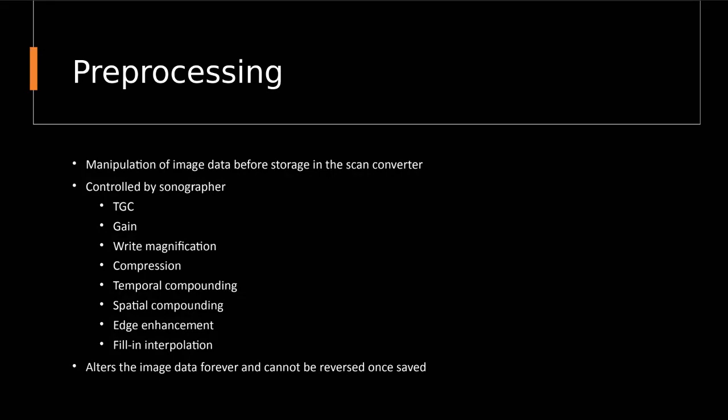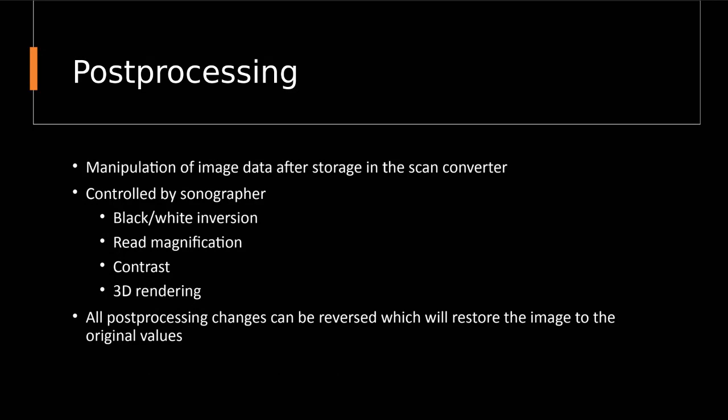Once you hit freeze, you can't reverse what you just did in that pre-processing change. So we'll pay a little bit more attention to this when we are scanning in lab, and I'll give you guys a few examples in order to determine what would be pre-processing and what would be post-processing.